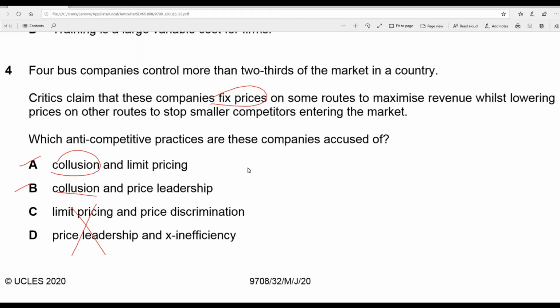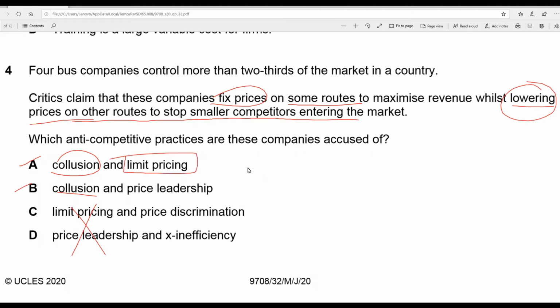The second piece of information is that on some routes they fix prices, while lowering prices on other routes to stop smaller competitors. So what they are doing is lowering price to stop entry, and when we do so, we are involved in limit pricing.